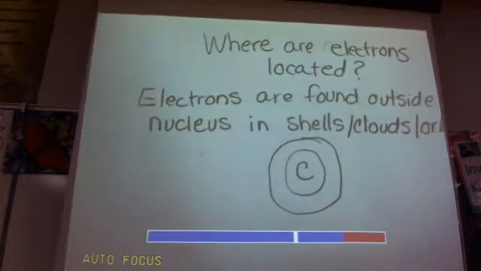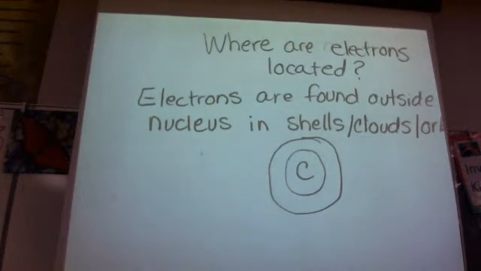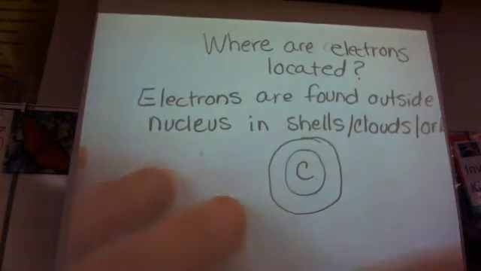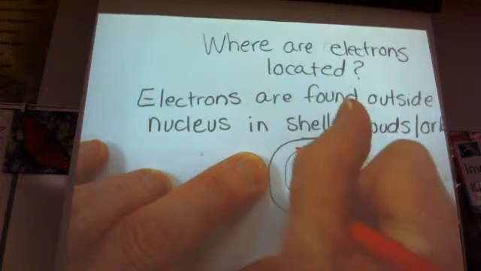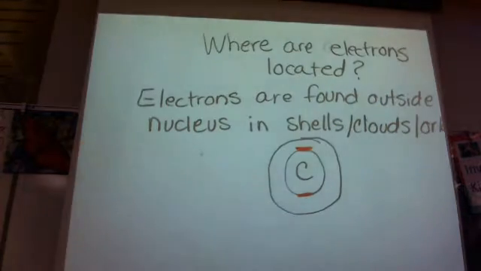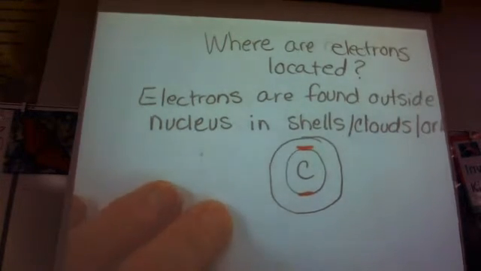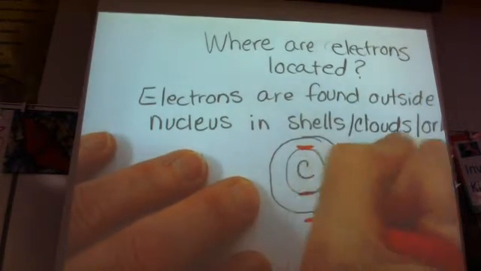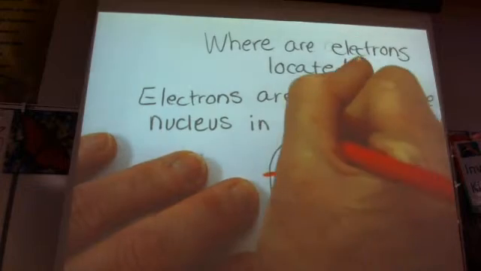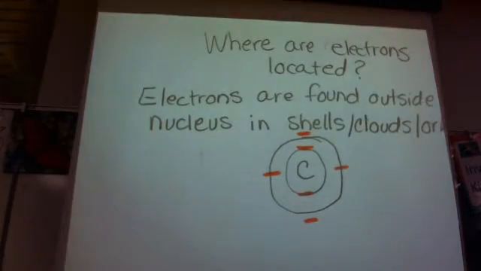Shells. The first shell is so small that it only can take on 2 electrons. So in the first inner shell, we're going to put in 1, 2 electrons. But we have a total of 6. So we need to put in the remaining 4, because the next level out can take 4. 1, 2, 3, 4 electrons.